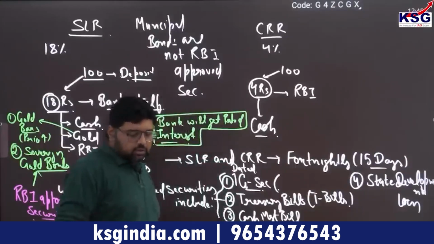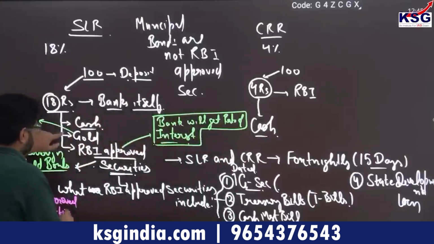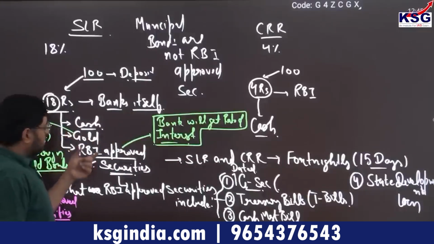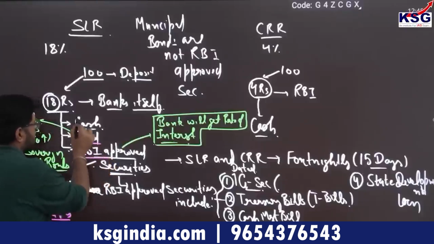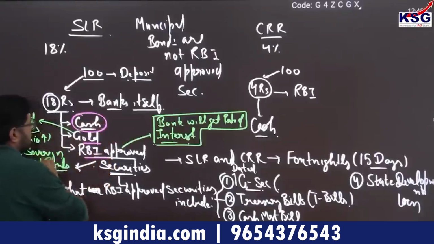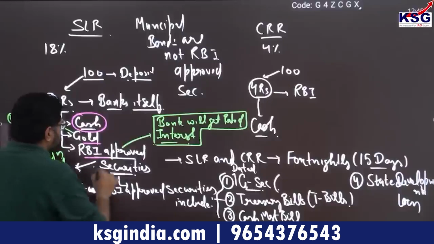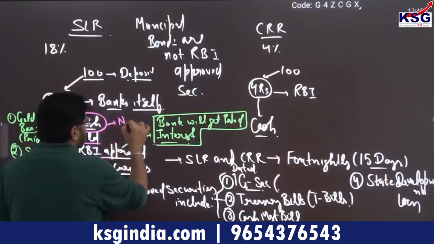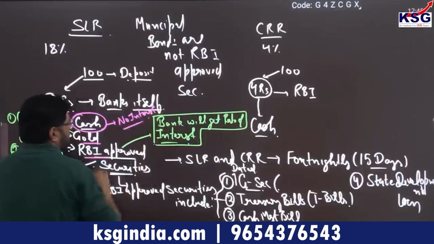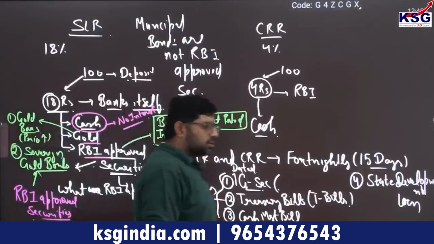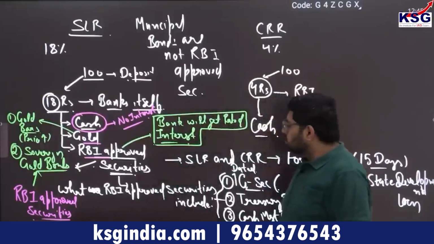So this is what you have to remember: in these two, that is gold and RBI approved securities, interest will be there. But when you put money in cash, there is no interest. Clear? In this there is no interest.